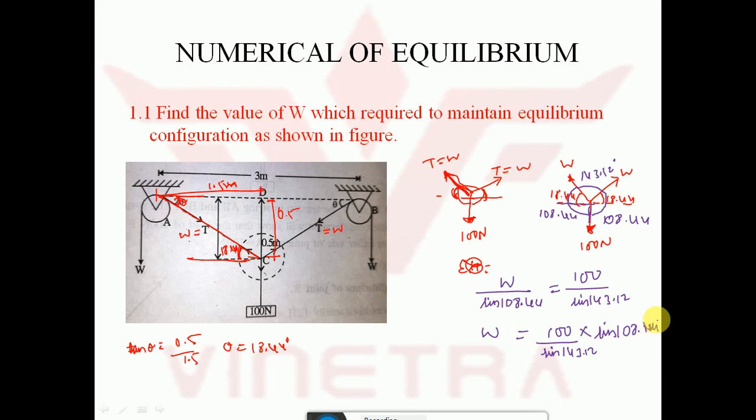So this W is equal to 158 Newton. If I apply a load of 158 Newton here, with W equal to 158, then this system will be completely in equilibrium.